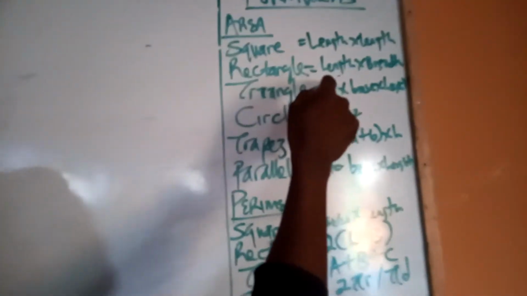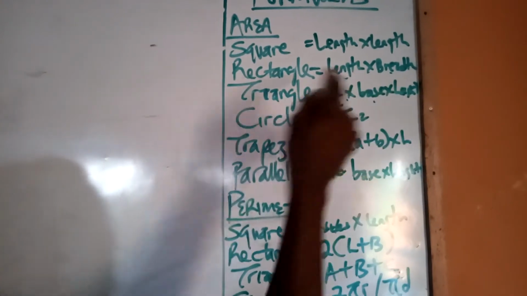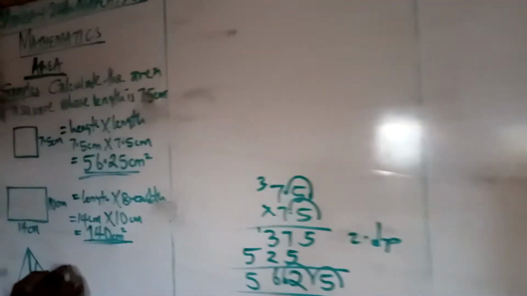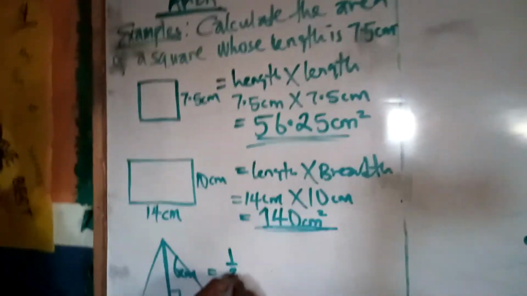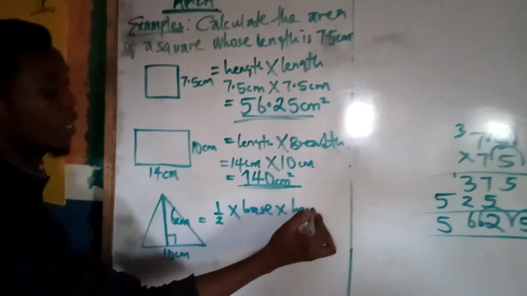Then we go back to its formula. The area of a triangle is half times base times height. So we apply that formula, which is half times the base times the height.